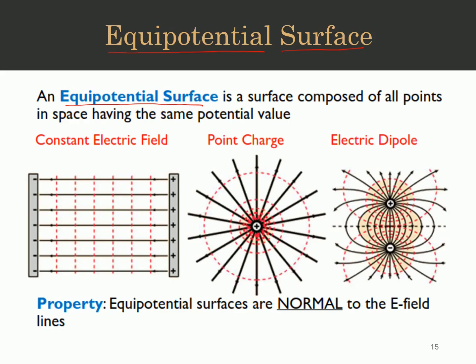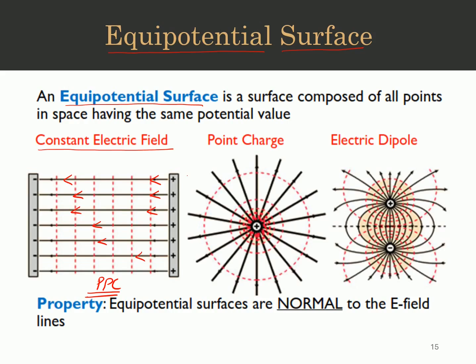For example, consider the scenario of a constant electric field. This is the electric field generated between, let's say, a parallel plate capacitor. We know that the electric field conventionally moves from the positive plate towards the negative plate. So this is the direction of the electric field.